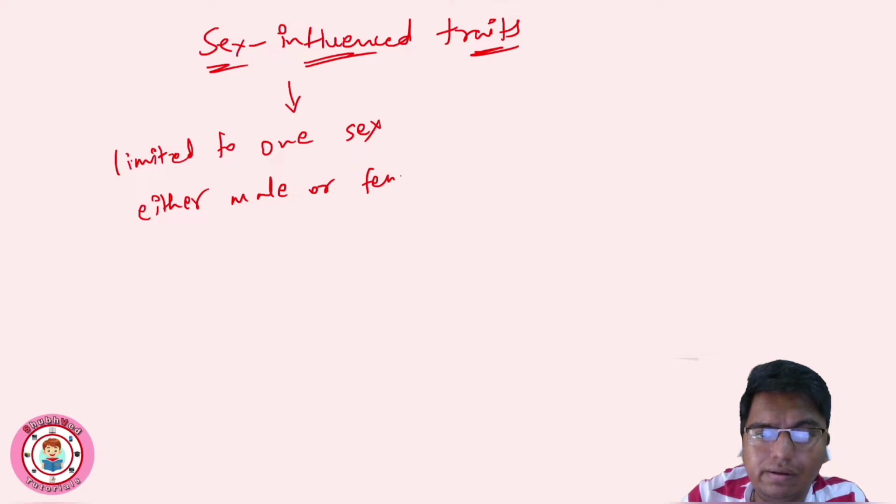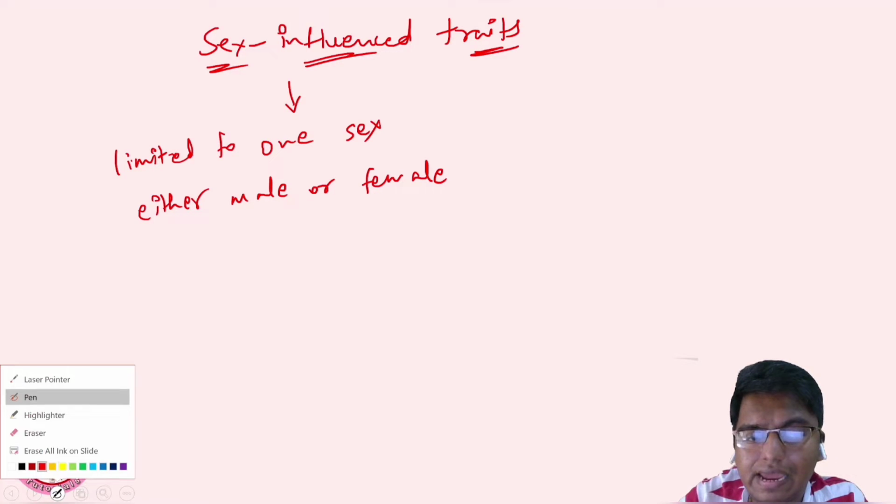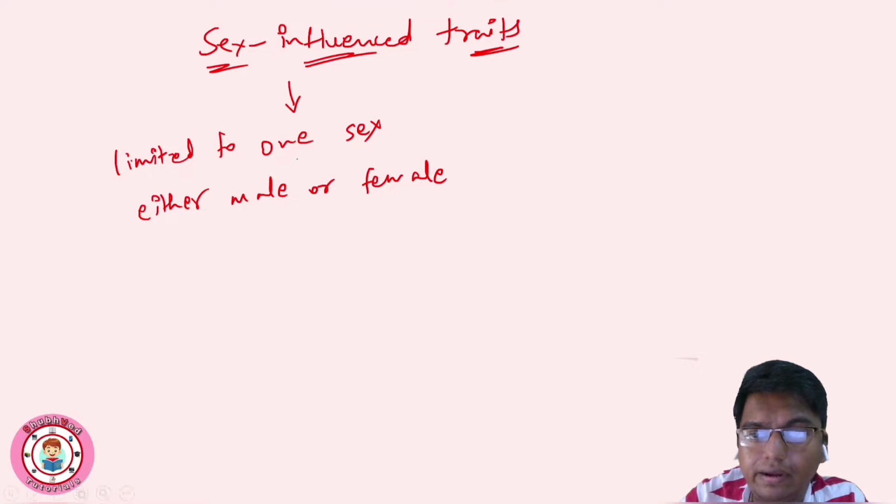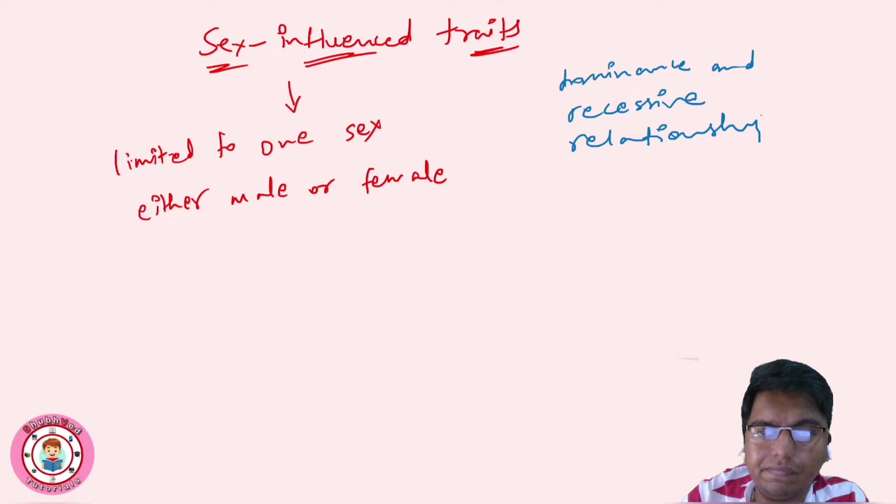But here, what is important? The dominance and recessive relationship of the alleles.